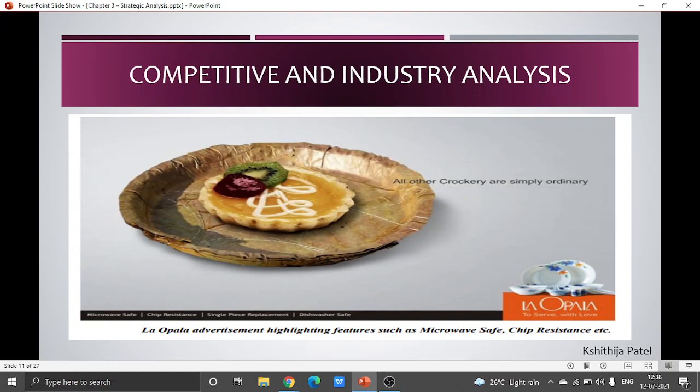Now, the environment in which the business organization operates will have a great influence on the business's performance. The success or failure of any organization's strategies is based on the fundamental understanding of its external environment.